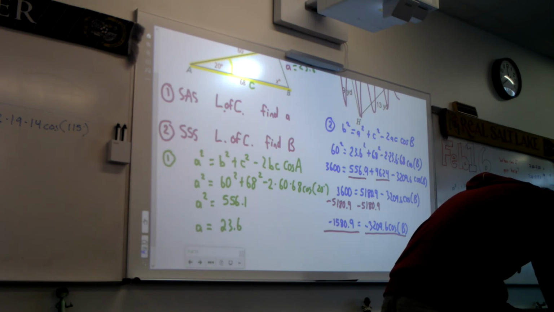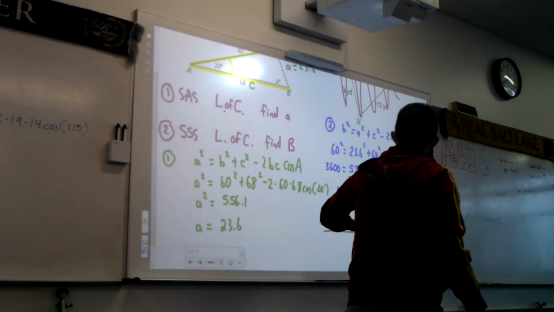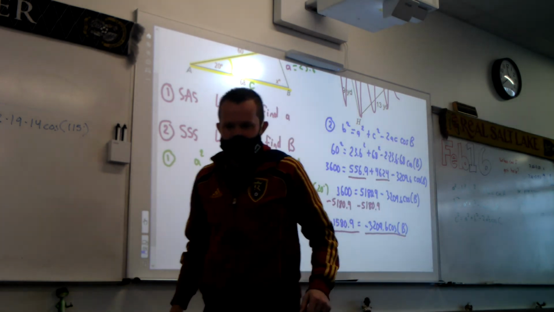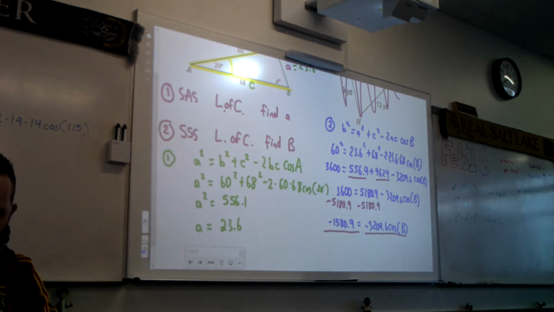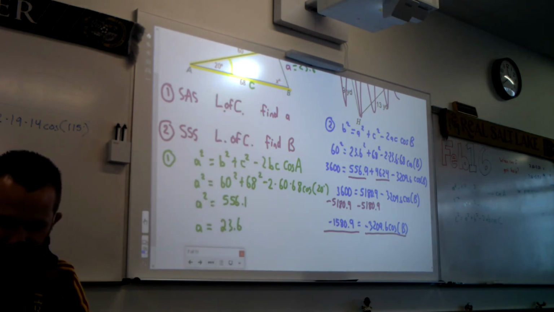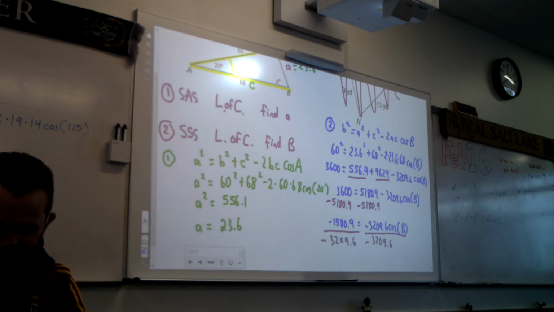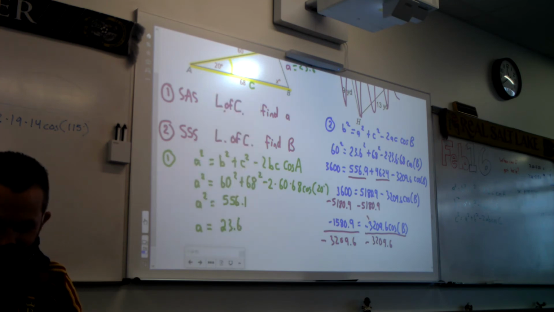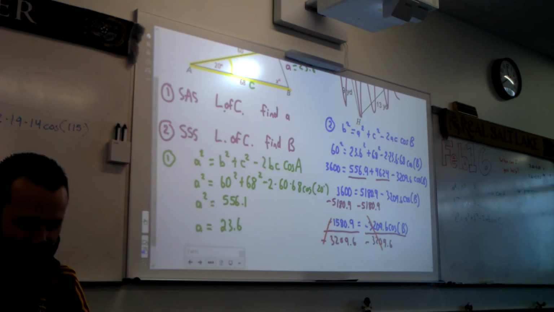So, right here, it's negative 2 times 23.6 times 68. I'm going to have to do it all over again. I finally finished and got the right answer.